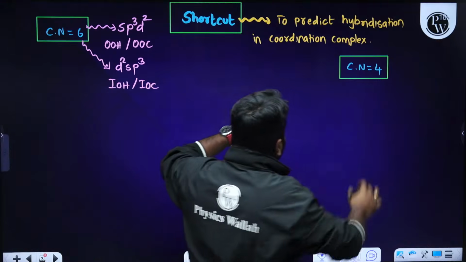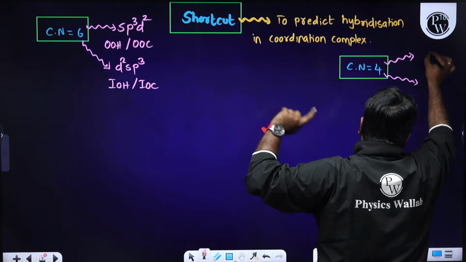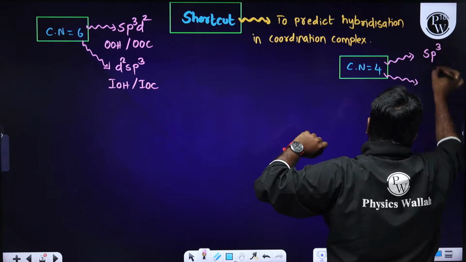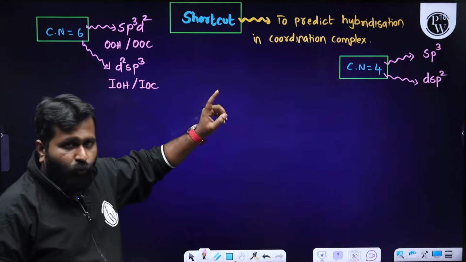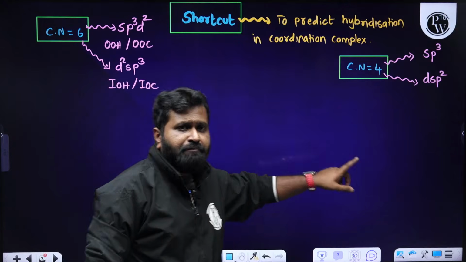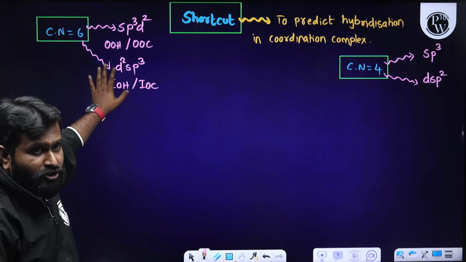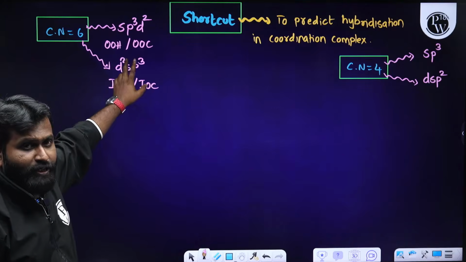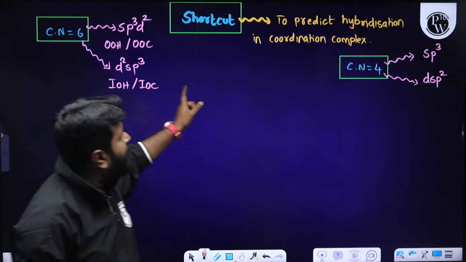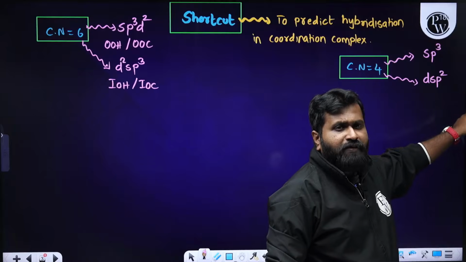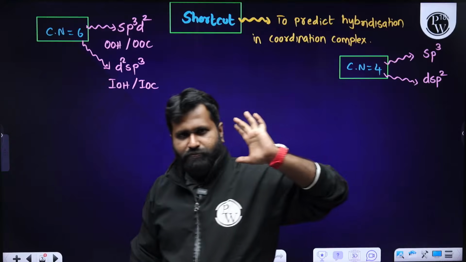When it comes to coordination number 4, only two hybridizations are possible, sp3 or dsp2. Once again, for coordination number 6 we have sp3d2 and d2sp3, and for coordination number 4 we have sp3 or dsp2. Is it clear?